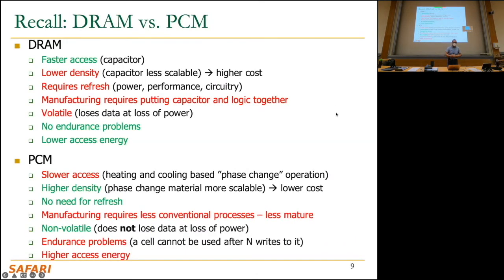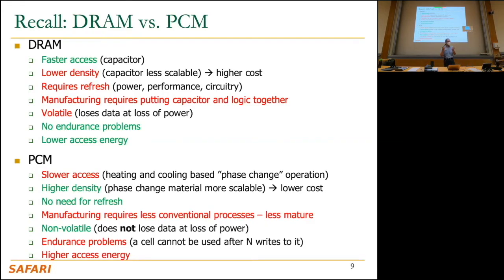And recall that this was what we discussed, the trade-offs between DRAM and PCM, and the trade-offs are longer, as you can see over here, because there are different things that come into play with phase change memory, like endurance problems. There are no endurance problems in DRAM, but there are endurance problems in PCM, and there's non-volatility. PCM is non-volatile, which enables it to be used potentially as main memory replacement, as well as an SSD replacement.